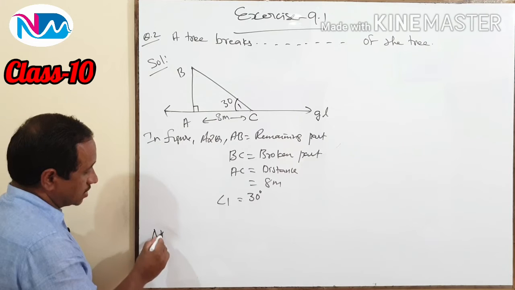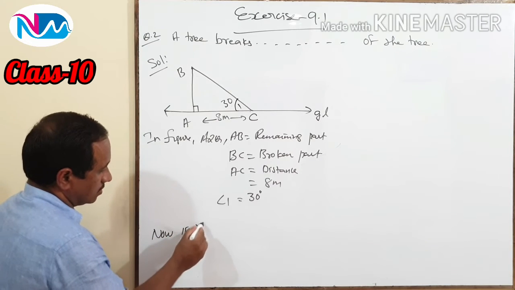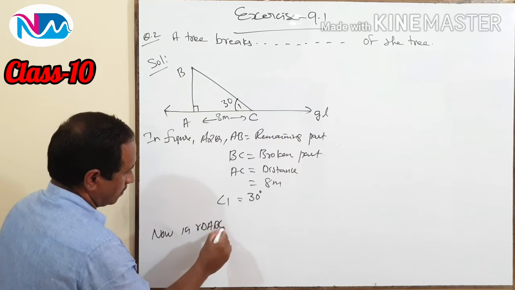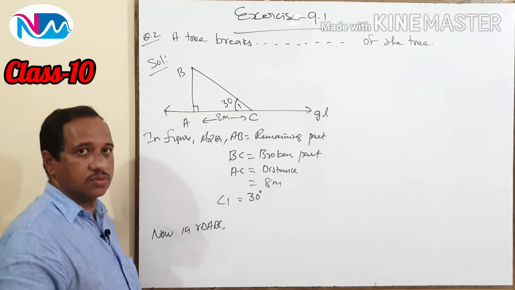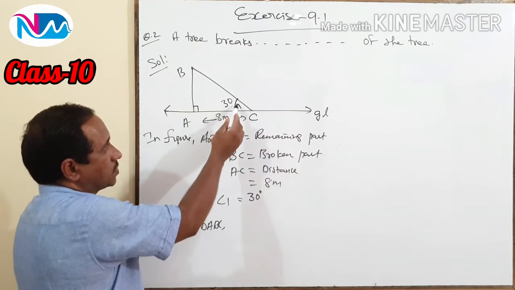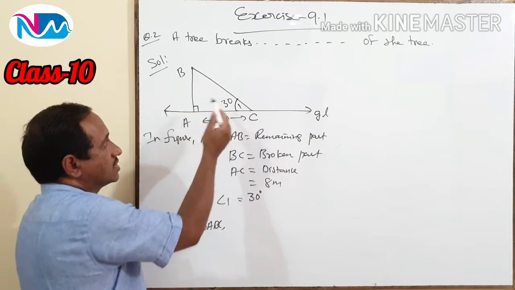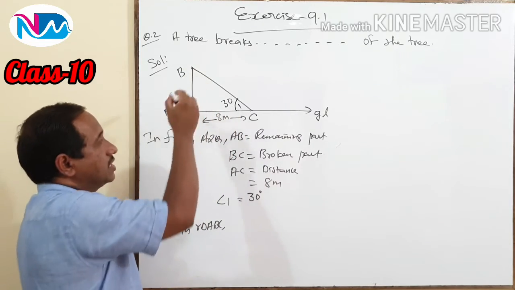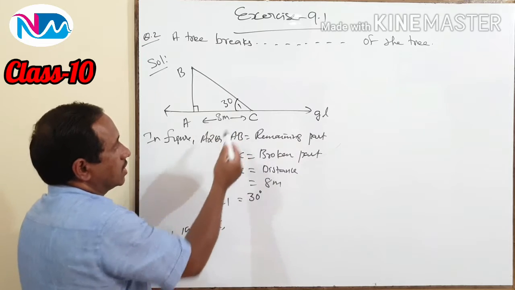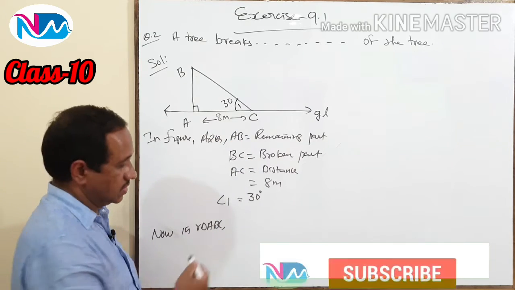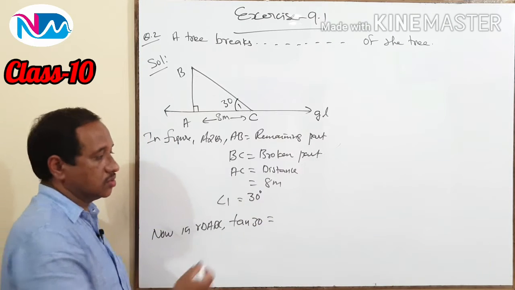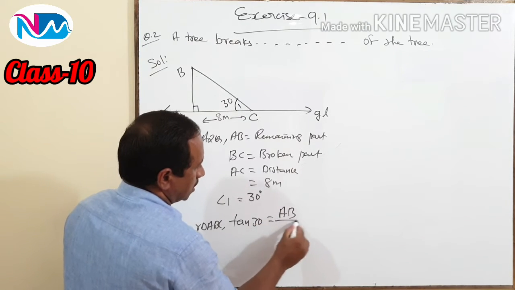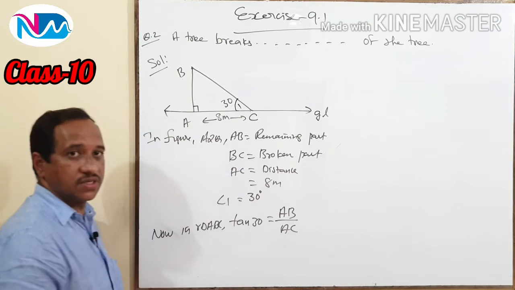Now, in right angle triangle, first of all I use tan ratio because with respect to the position of angle 30 degree, AB is perpendicular and AC is a base. So I take tan 30 is equal to perpendicular AB by base AC.